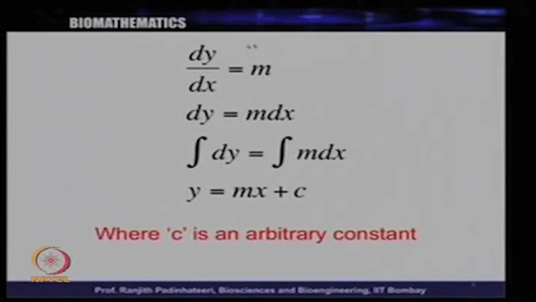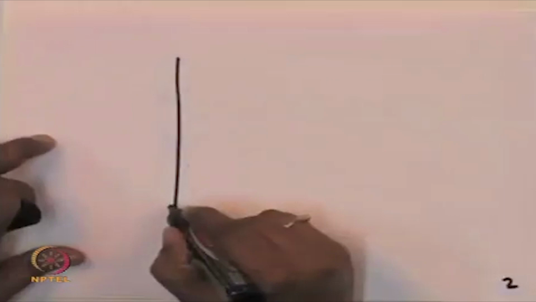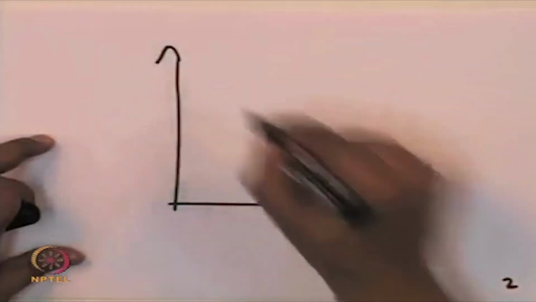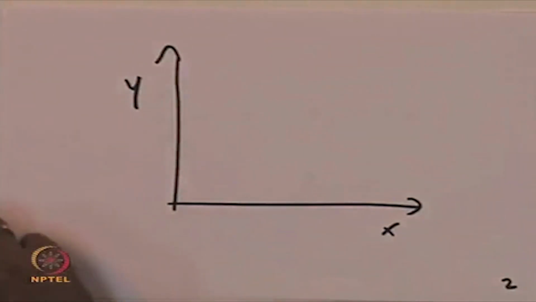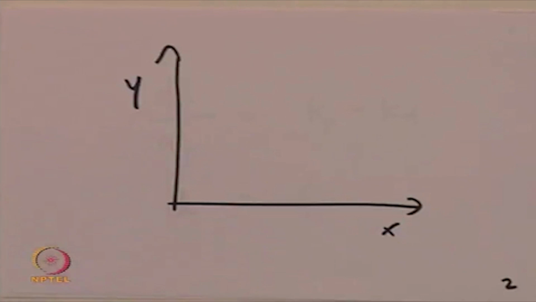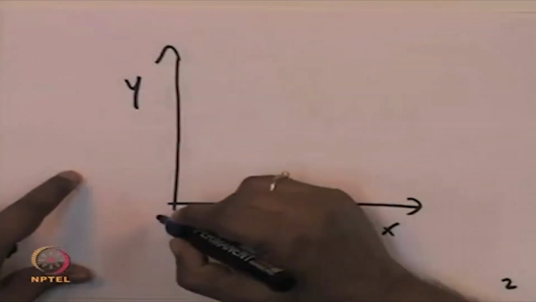So, we have dy by dx equal to m. Let me just take you through what we mean by dy by dx equal to m. Let us have a look here. So, you have x and y. When you say dy by dx equal to m, you have a curve whose slope is always a constant.